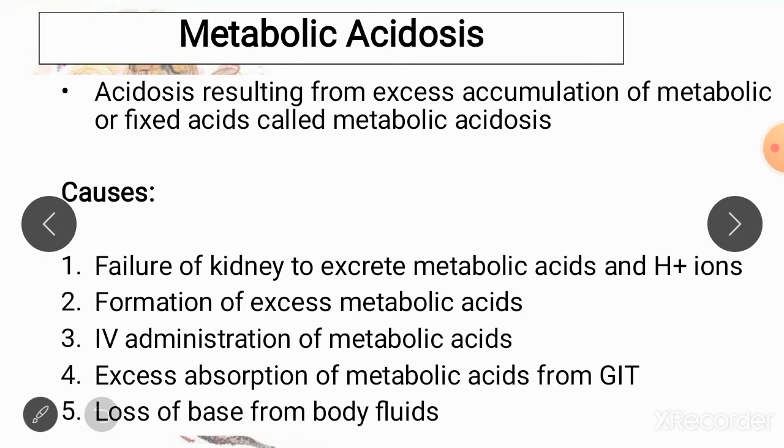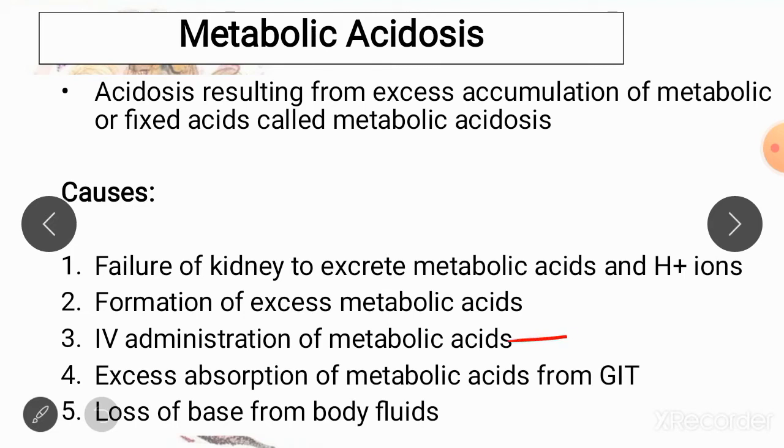such as lactic acid. This can be due to multiple causes, such as kidney failure, where your kidney is not functioning properly and is not throwing out enough hydrogen ions, and these hydrogen ions are being retained within your body. It can also be due to excess metabolic acids, such as when too much exercise or too much metabolism in your body leads to formation of large quantities of lactic acid.